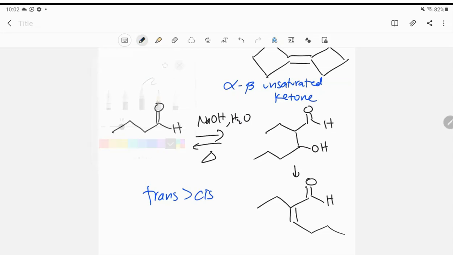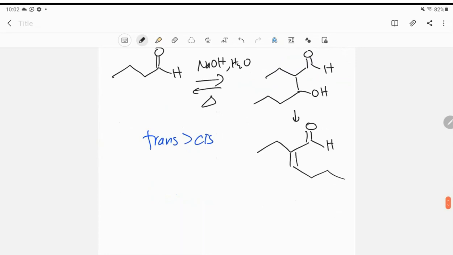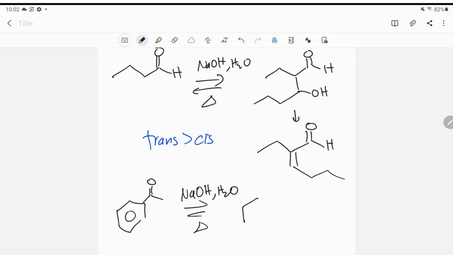Let's do another one. Use acetophenone. If we make the aldol product, draw our molecule exactly as it was. And now we're going to draw a new bond between our alpha carbon and the carbonyl carbon.